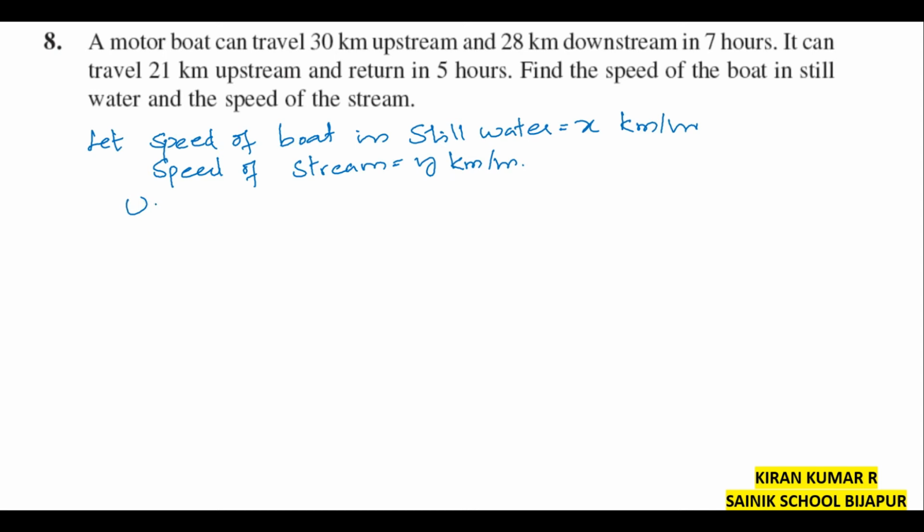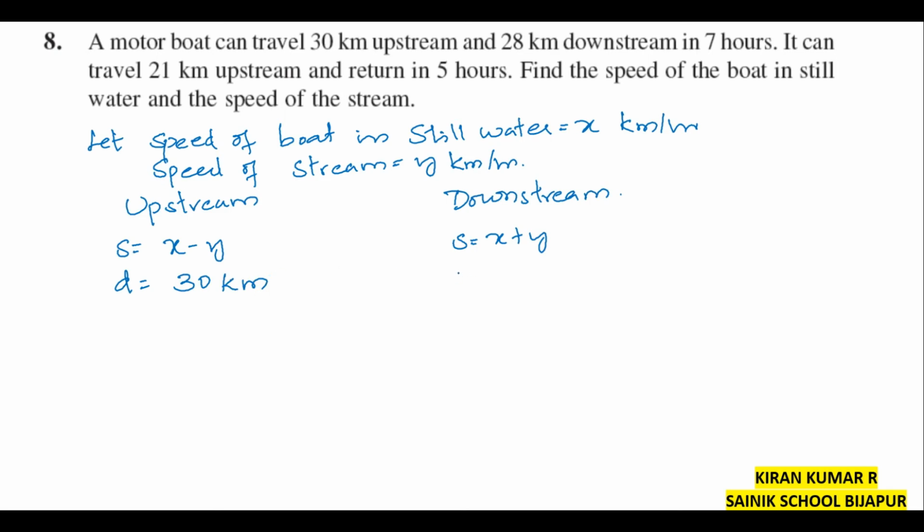Again, I'll write upstream separately and downstream separately so that you will understand it better. For upstream, the speed decreases as I mentioned earlier. In the downstream, the speed increases: x plus y. The distance covered is 30 km upstream and 28 km downstream.